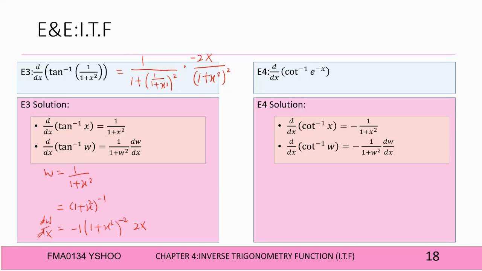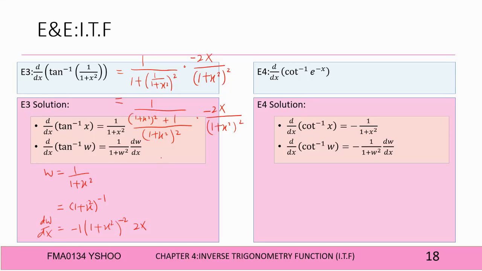Why is there no negative? Because I bring it down again. As I said many times, we are not allowed to have a 3-layer thing like that. So please simplify it. Simplify this one first. So 1 over 1 plus 1 over 1 plus x squared, multiplied by -2x over 1 plus x squared.